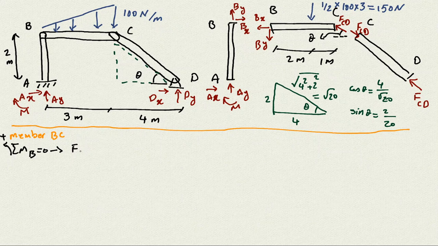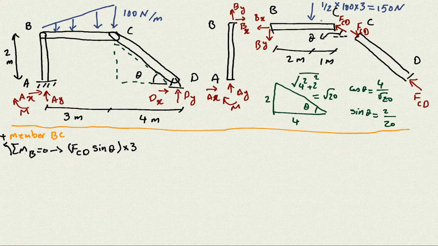So that's the force we have, and the distance from C to B is just 3 meters, so it's times 3. And if you look at that, about point B it's going to rotate counterclockwise, so it's going to be positive.